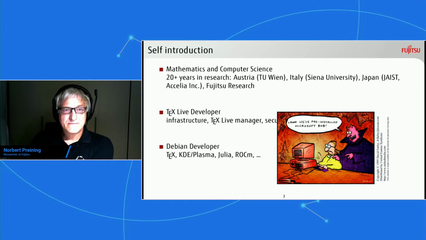I also am, since, I don't know, 20 years, a Debian developer, responsible not only for TeX, but also for some time now for the KDE Plasma stack, the graphical user interface, and also for machine learning stuff. Where I'm interested is in Julia, the Julia language, and for supporting GPU computation on the AMD hardware, the ROCm stuff.